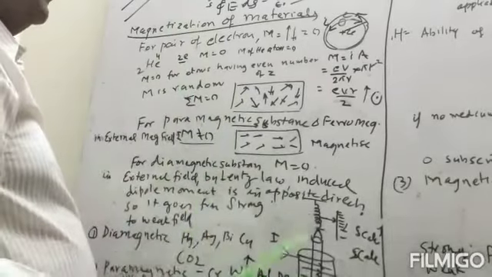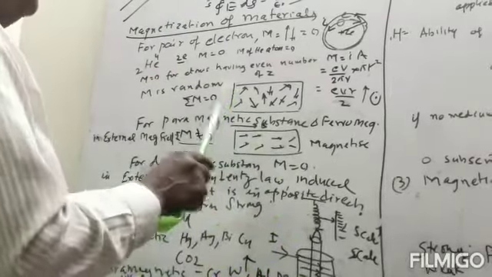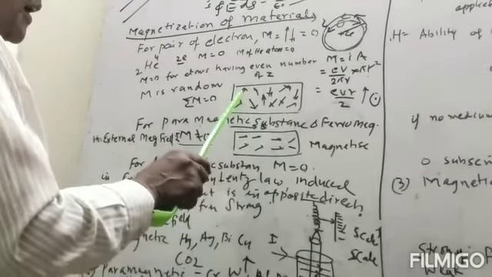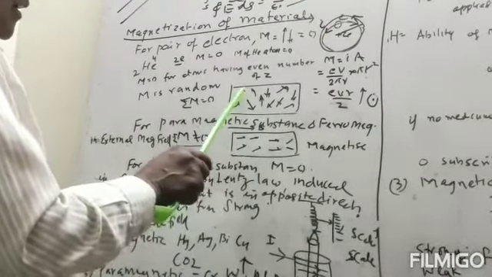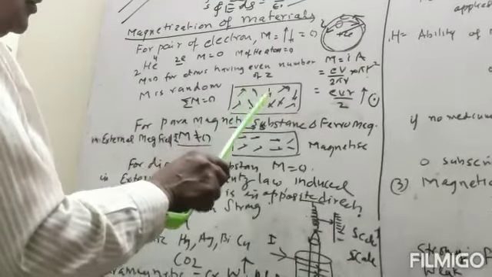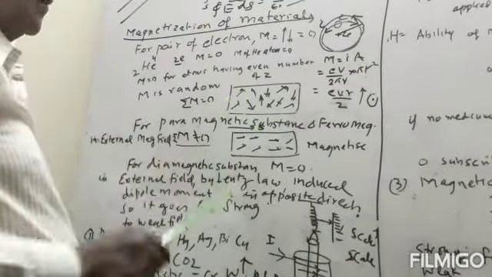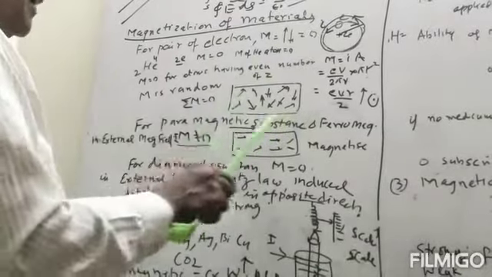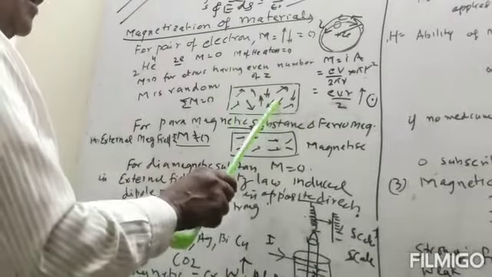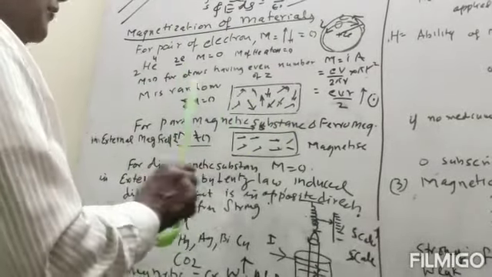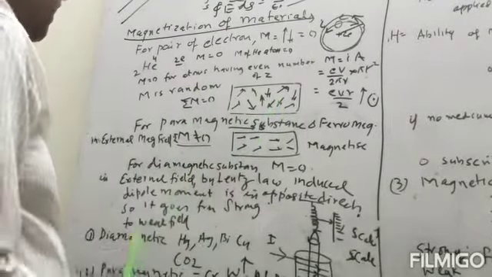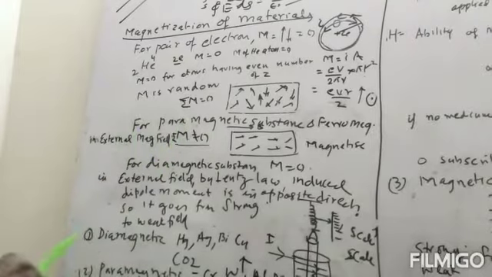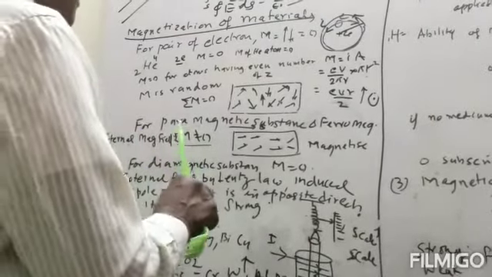The direction of each magnetic moment will be different, so the magnetic moment will be for the first atom, second atom, third atom. They are randomly distributed. So the total magnetic field of this sample, not of the atom, of this sample, will be equal to 0 because of the randomness.